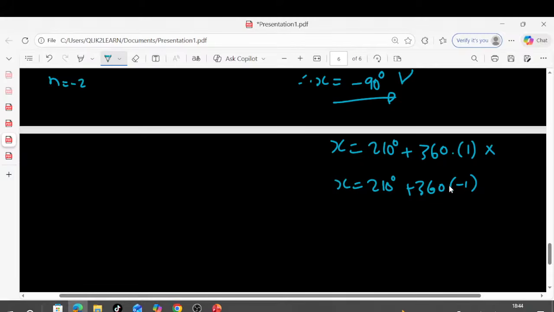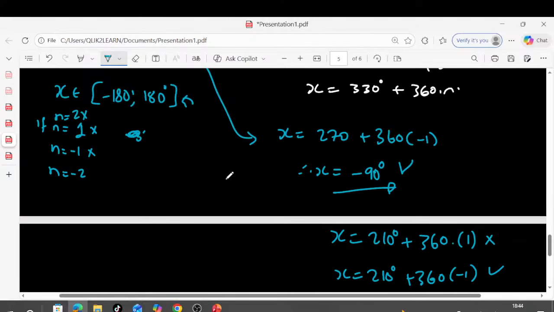When I say 210 plus 360, which is multiplied by minus 1, close the bracket. This gives us minus 150. X is minus 150. So that will work. This will work. So we're going to put it down here. This is our second value of x. So x must also be equal to negative 150.